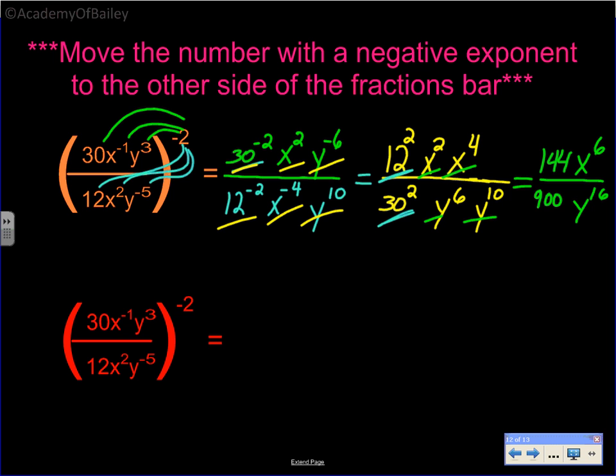Something like 16? I want to write it here. 16. Okay, and 900 divided by 9 is 100. We have x to the 6th and y to the 16th.